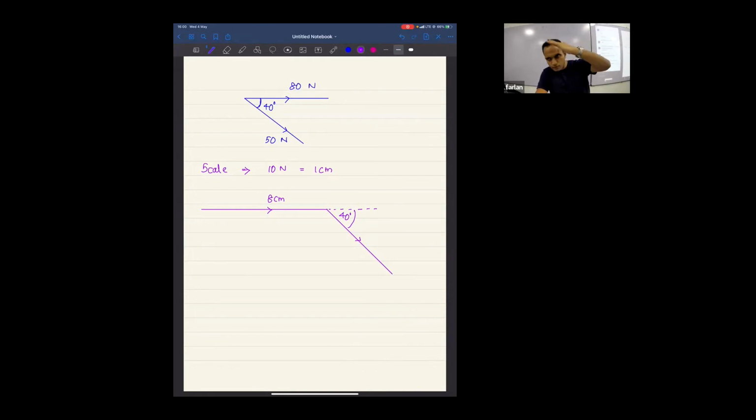From the right, you measure the angle downwards 40 degrees, because the 50 newtons is down. 40 degrees below that initial force. So you measure exactly 5 centimeters here and represent the 50 newton force. So from this starting point to this ending point is going to be the resultant.